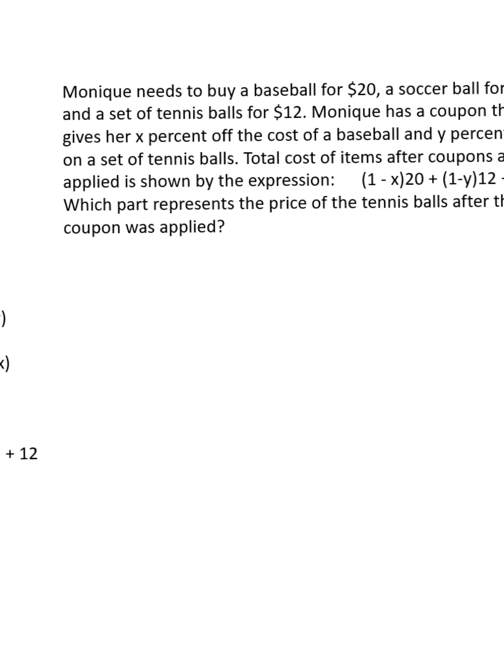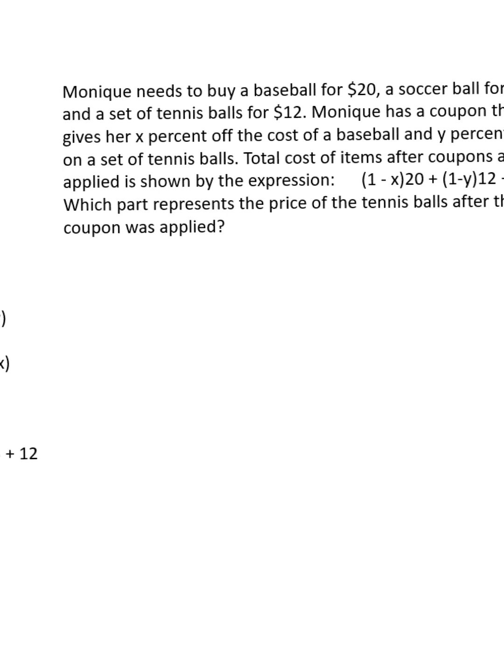Monique needs to buy a baseball for $20, a soccer ball for $15, and a set of tennis balls for $12. Monique has a coupon that gives her X% off the cost of a baseball and Y% off a set of tennis balls. Total cost of items after coupons is shown by the following expression.